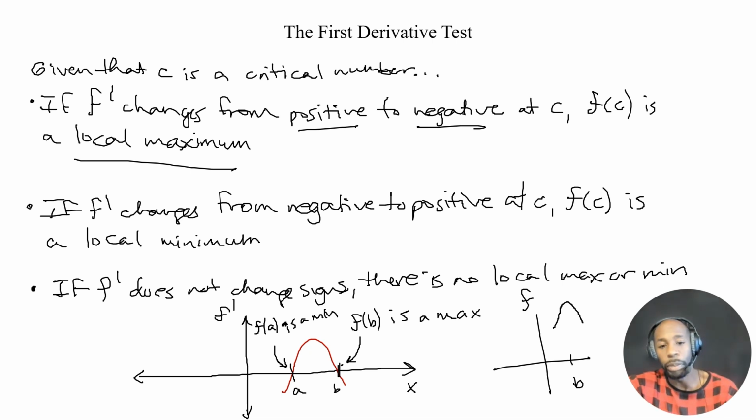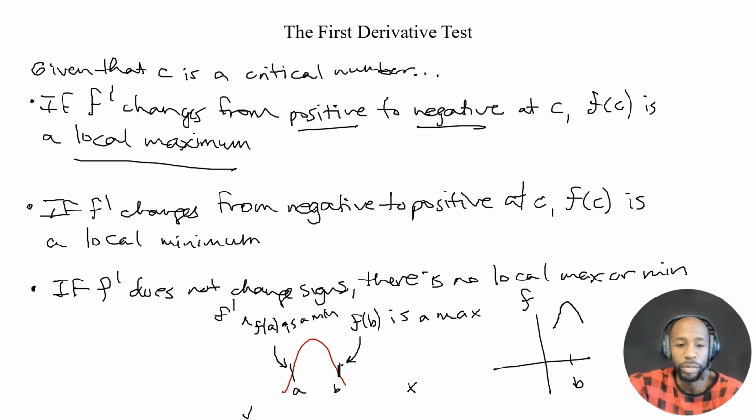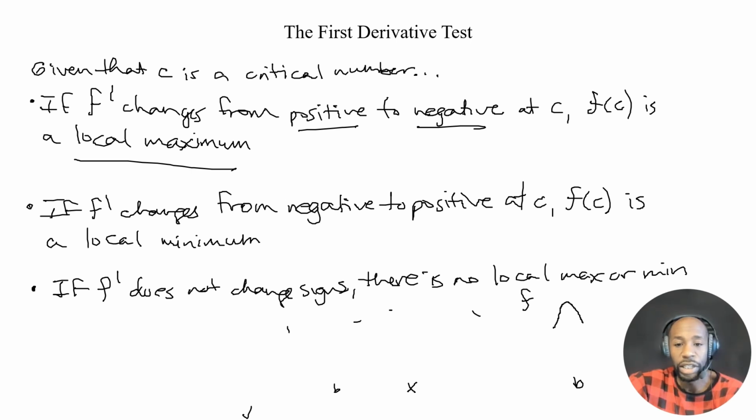You have it going from a negative slope to a positive slope, and that's the reverse, so it's a minimum. Finally, if it does not change signs, then there is no local maximum or minimum.